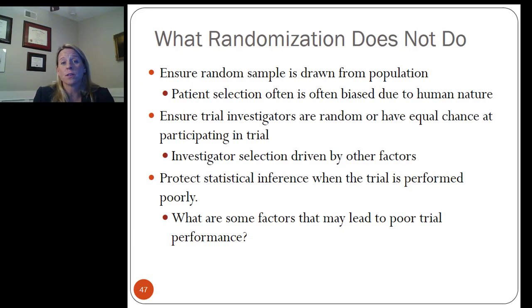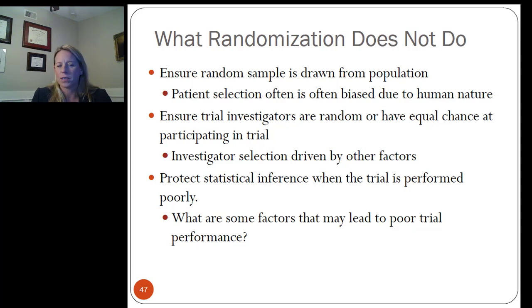Now, randomization isn't always successful at everything. For example, randomization does not ensure a random sample is drawn from the population into the clinical trials. And what I mean by that is randomization cannot protect against the bias that may occur in who chooses to participate in a trial and who chooses not to.